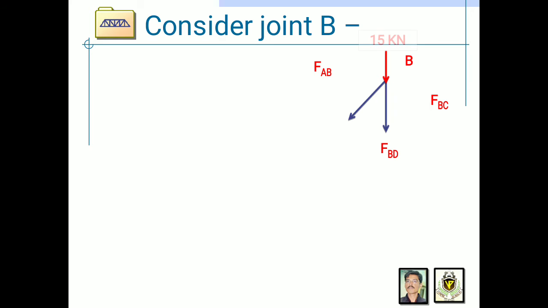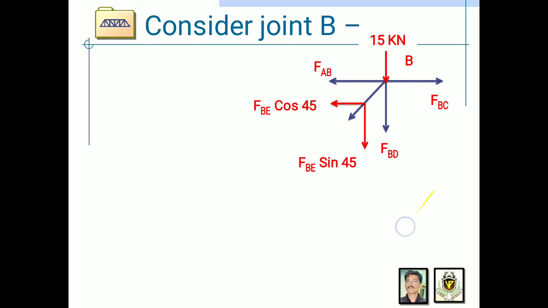Now consider joint B. At joint B, FBD, FBC, FAB, three members are connected. By applying summation Fy is equal to 0, the vertical forces are 15 kN, FBD, and FBE sin 45.